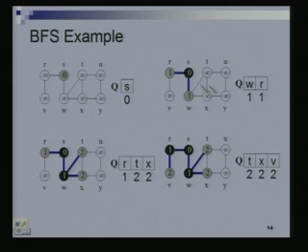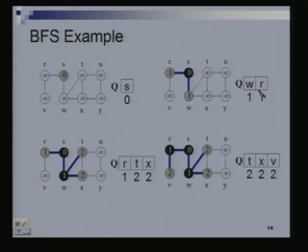So, I am going to remove the front element from the queue, find its neighbors and insert them into the queue. When I insert a vertex into the queue, I color it gray. After I remove a vertex from the queue, I color it black. Initially, S is the only vertex in the queue, so it is gray.